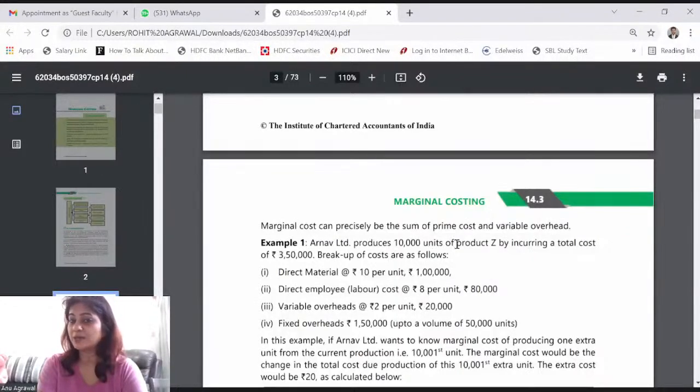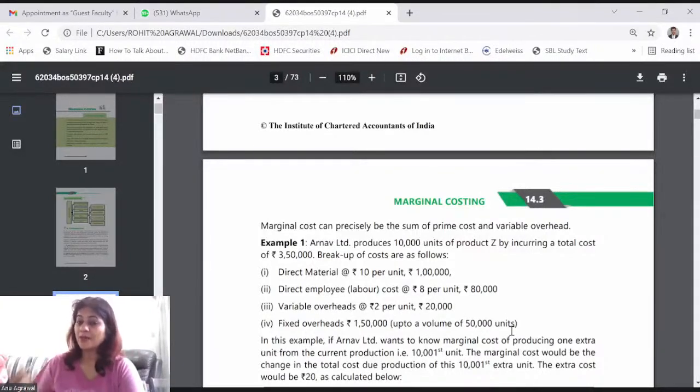Arnav produces 10,000 units of product Z by incurring a total cost of 3,50,000. They have given us a breakup. Material cost is 1 lakh, employee cost is 80,000, variable overhead is 20,000, and fixed overhead is 1,50,000. Now look at it. This can be directly written as per unit, yes or no? But as far as fixed overhead is concerned, they have written up to a volume of 50,000.